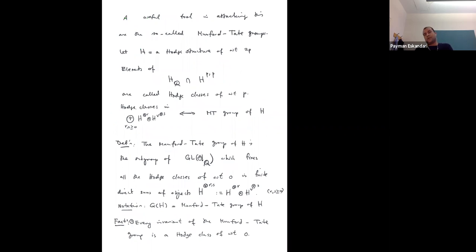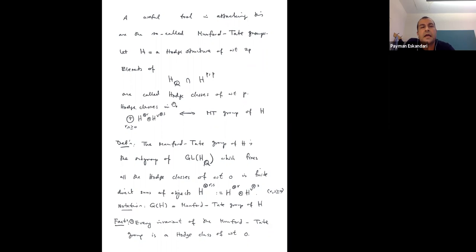Now, a useful tool in attacking the Hodge conjecture has been the so-called Mumford-Tate groups. Suppose H is a Hodge structure of weight 2P, for example H^2P of a complex smooth projective variety. The elements of the underlying rational space that are defined over Q and of type (P,P) we call Hodge classes of weight P for this abstract Hodge structure.